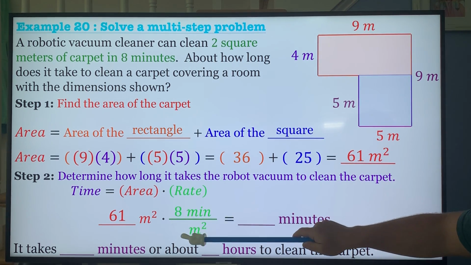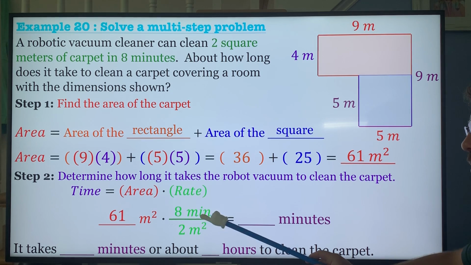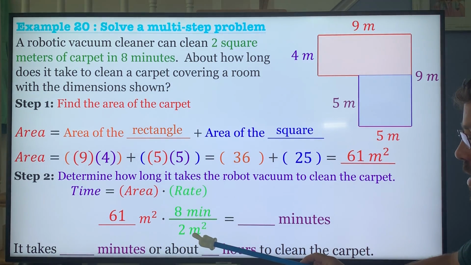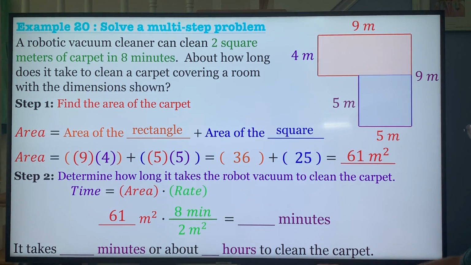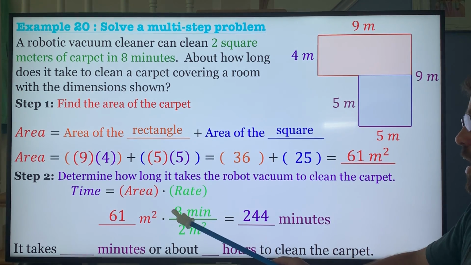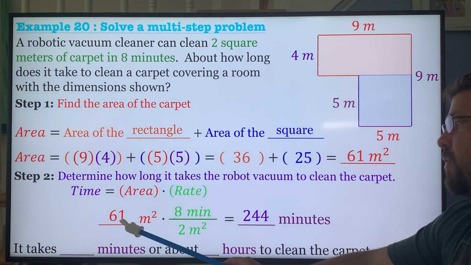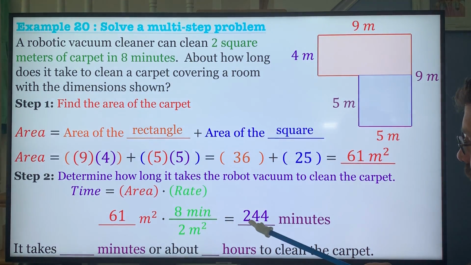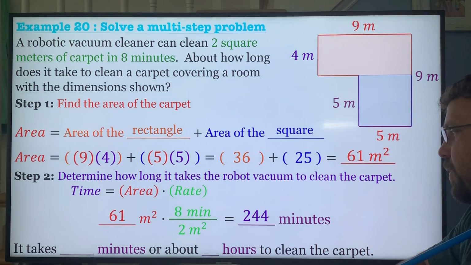So it's 8 minutes per 2 square meters. Now the reason you go minutes over meters squared, remember, is whatever the units are here, since they're in the numerator, the corresponding units have to be in the denominator, because you want these meters words to cancel out. 8 divided by 2 is 4. So it's 4 minutes for 1 square meter. 61 times 4 is 244 minutes.